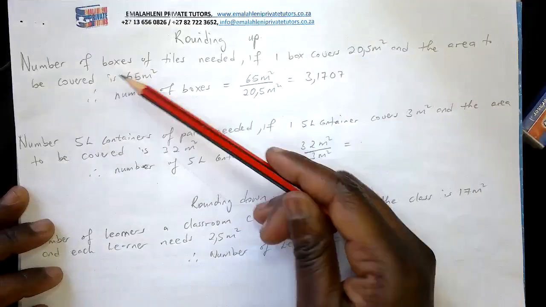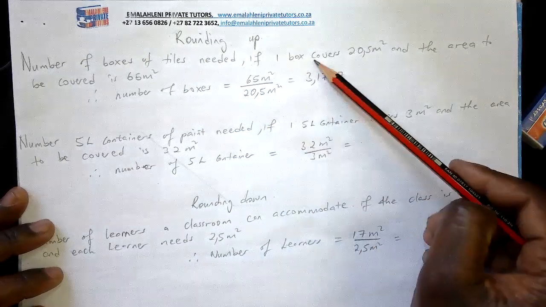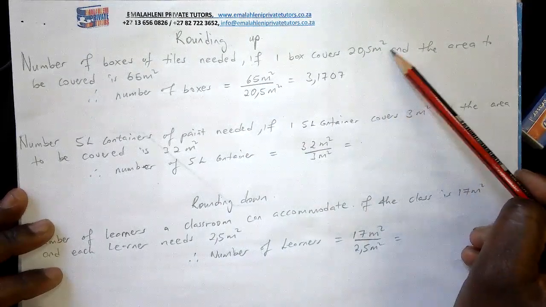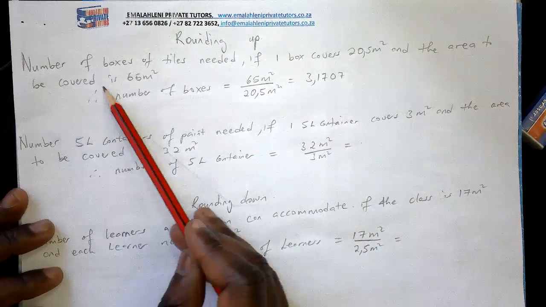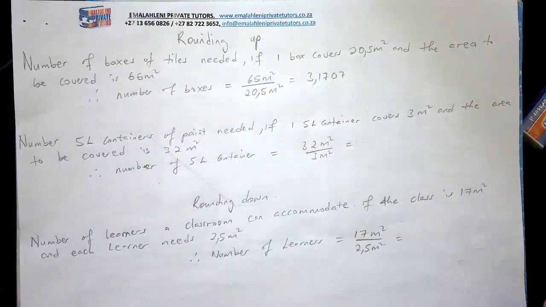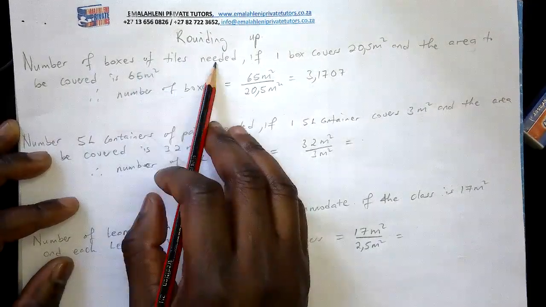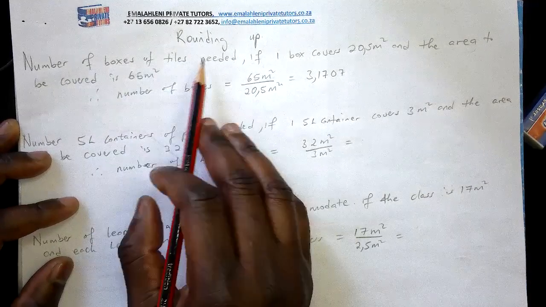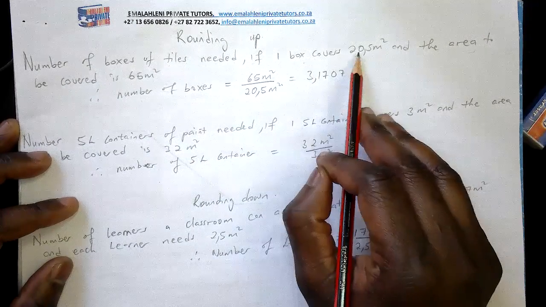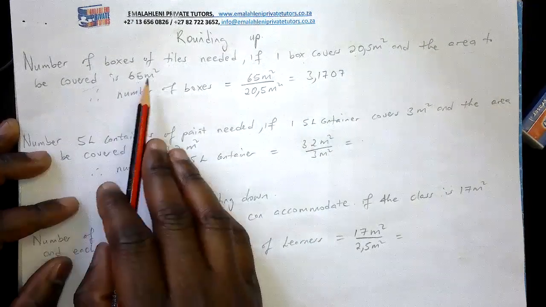You are asked for the number of boxes of tiles needed if one box covers 20.5 square meters and the area to be covered is 65 square meters.